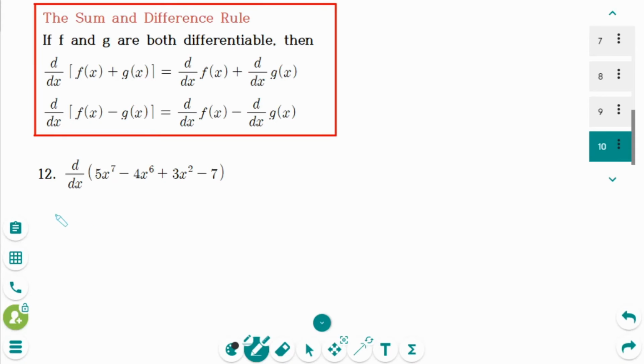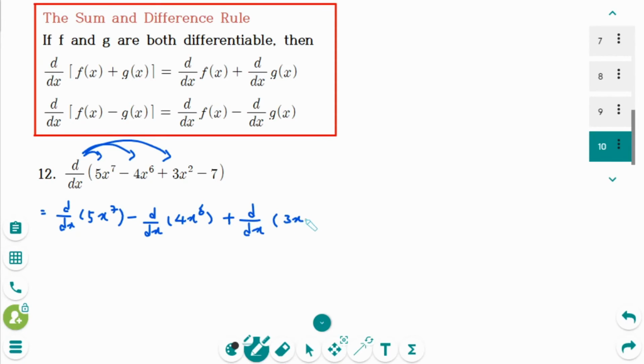Number 12 means d dx of 5x to the power of 7 minus the second one, and then third one, the last one, like this.